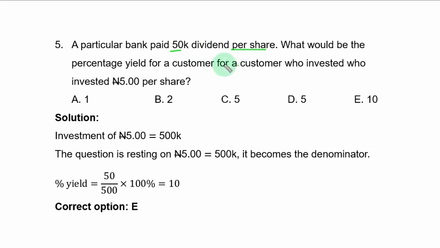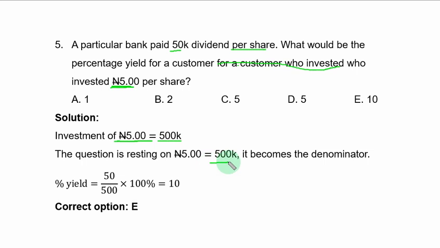We need to have the same unit, kobo and naira. So let's convert 5 naira to kobo. It is equivalent to 500 kobo. Now, the question is resting on 5 naira, which is equivalent to 500 kobo.